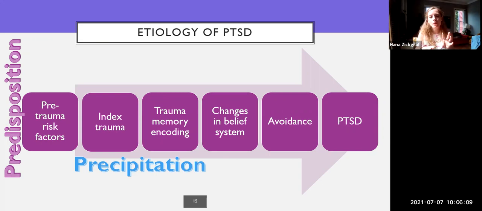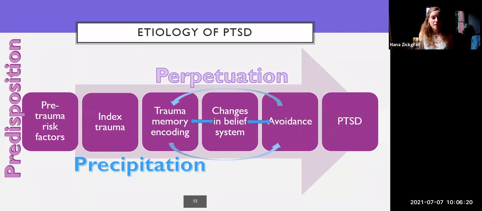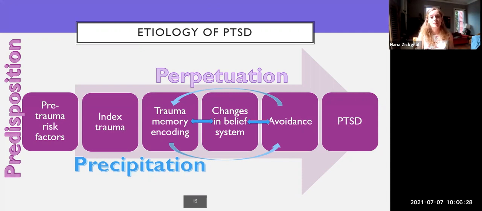So poor encoding of the trauma memory is both a precipitating factor because it happens during the trauma, and it's one of the things that kicks off the chain of events that leads to PTSD, but it's also a perpetuating factor. And it has reciprocal interacting relationships with other perpetuating factors, including changes in the belief system and avoidant behavior.